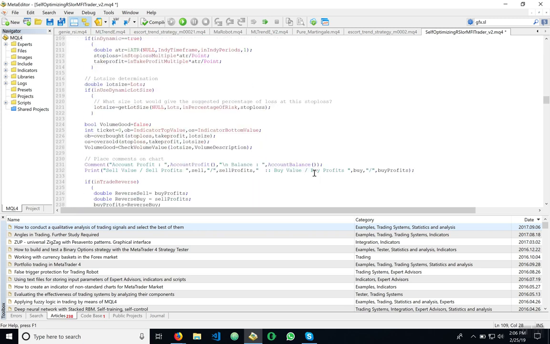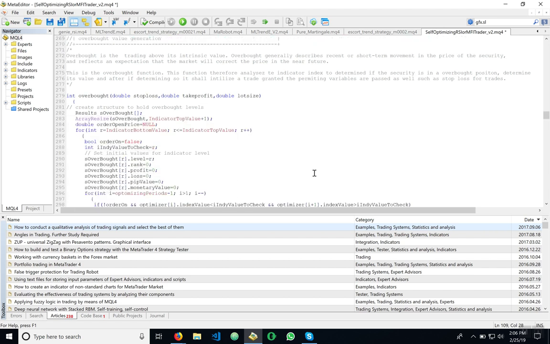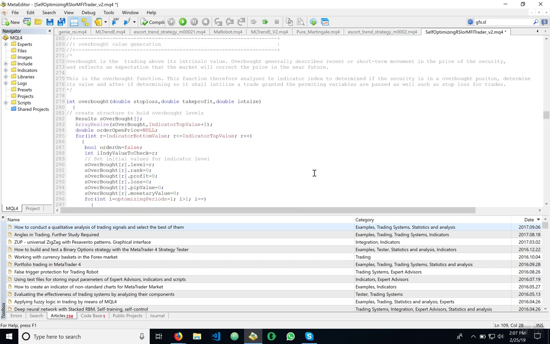So it grabs this at the beginning. So now let's look at our next important function, which is the overbought value generation. Now this is an important function to the expert advisor. So basically, first off, overbought is trading above its intrinsic value.